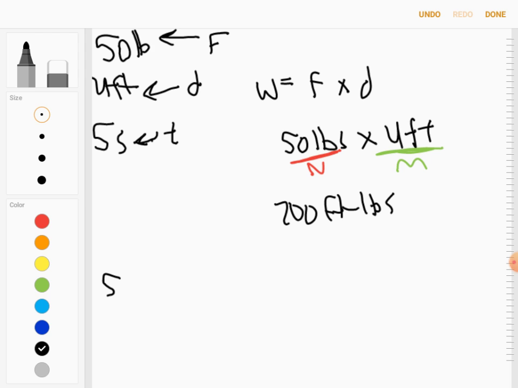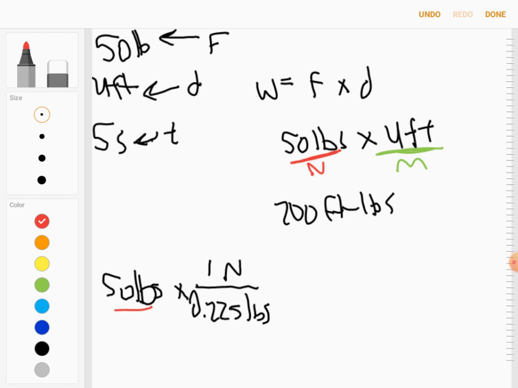So 50 pounds, if we want to convert that to newtons, on the formula sheet you can see that 1 newton equals 0.225 pounds. So we put that in there. Remember, the unit you're trying to convert is always on the bottom.